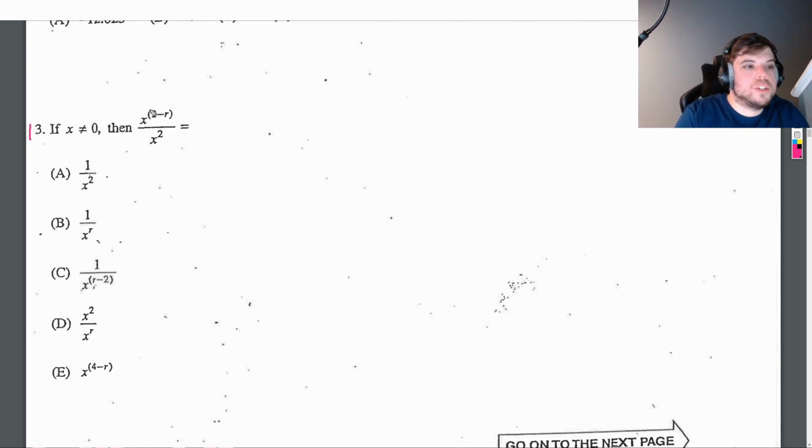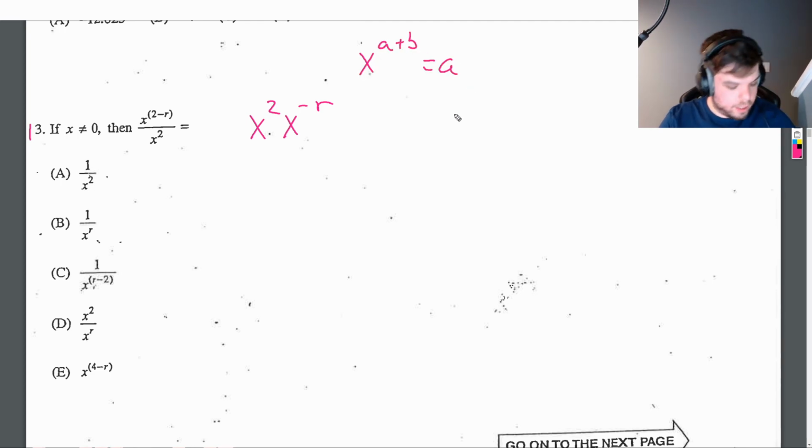So x to the 2 minus r over x squared. Interesting. So x to the 2 minus r can be rewritten as x squared and x to the negative r. It's by one of the standard exponent rules that says x to the a plus b equals x to the a, x to the b.